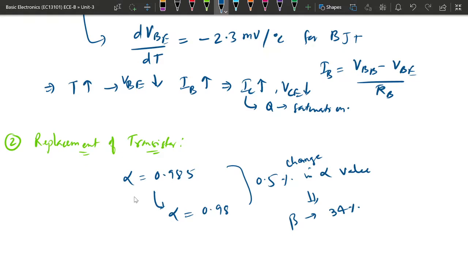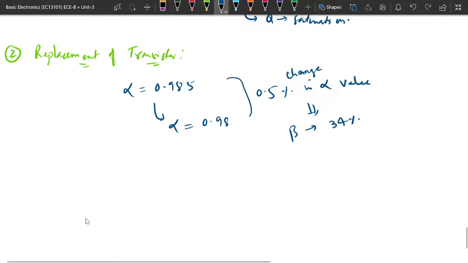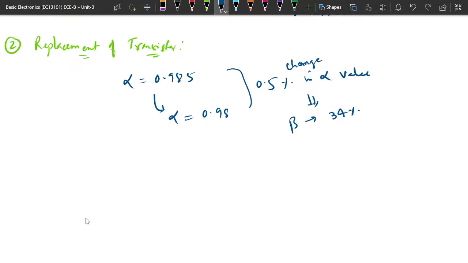That means the gain of the transistor is going to be affected very rapidly, very highly. So for a stable amplifier, the gain of the amplifier should be independent of the parameters like alpha, beta, VBE and ICO.